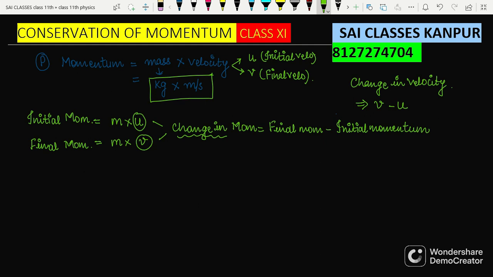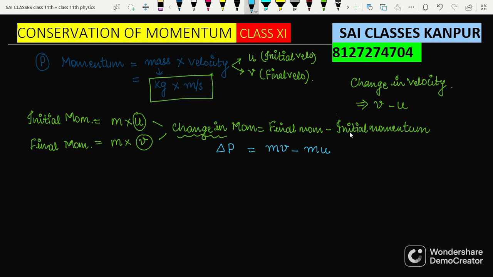You can represent a change by this sign, delta. Since P is the momentum, delta P means change in momentum. So change in momentum can be represented by delta P, which is equal to final momentum minus initial momentum. That means mv minus mu. This would be the change in momentum.